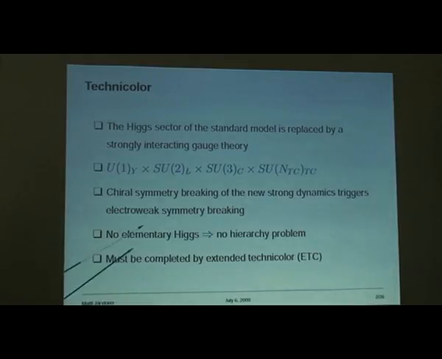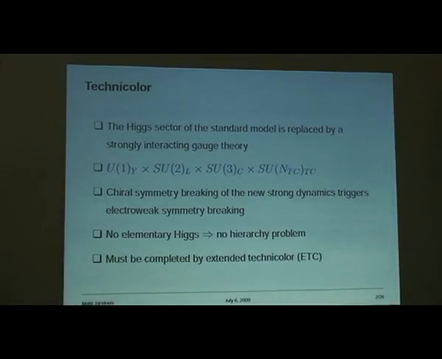And because you will link this to the weak interactions, the chiral symmetry breaking will induce the electroweak symmetry breaking in the standard model. So, because you don't have the elementary scalar Higgs, you would get rid of the hierarchy problem.